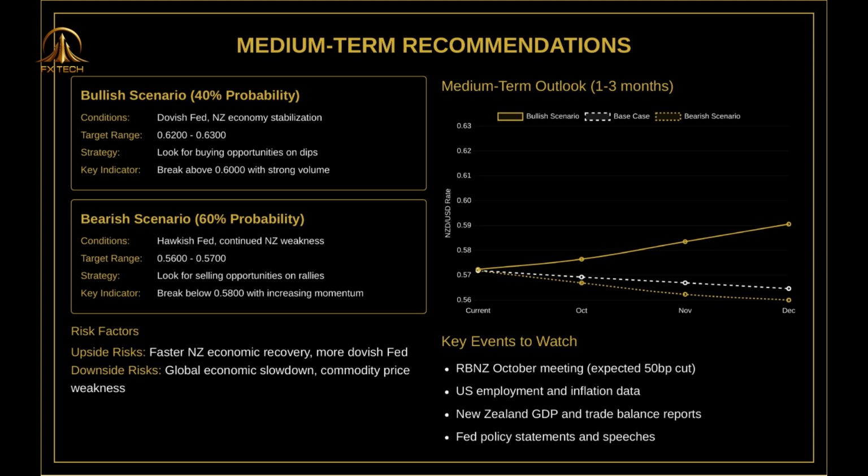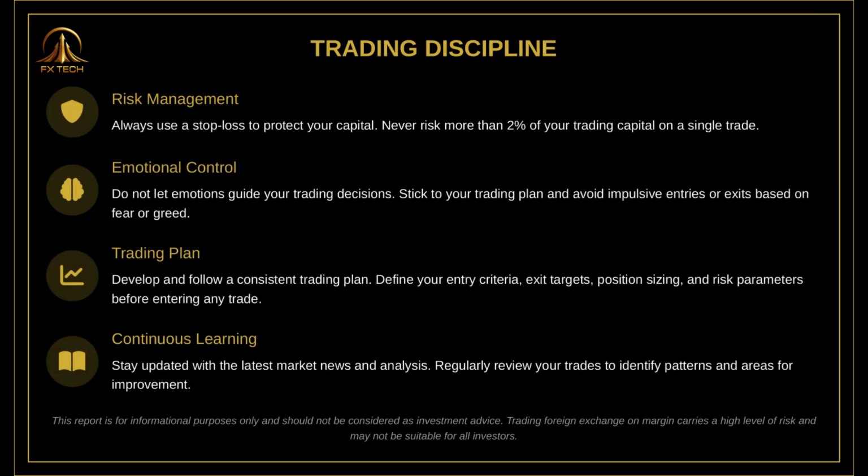Under these conditions, we could see the NZD/USD pair reach a target range of 0.6200 to 0.6300. The recommended strategy for this scenario would be to look for buying opportunities on price dips, particularly near established support levels.